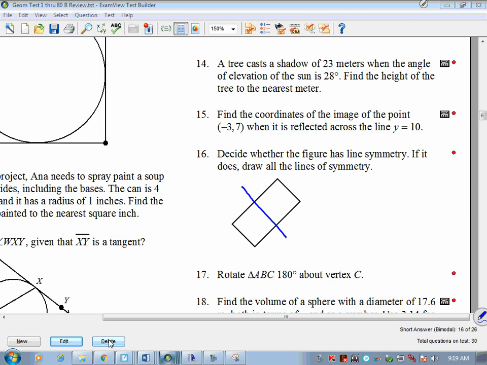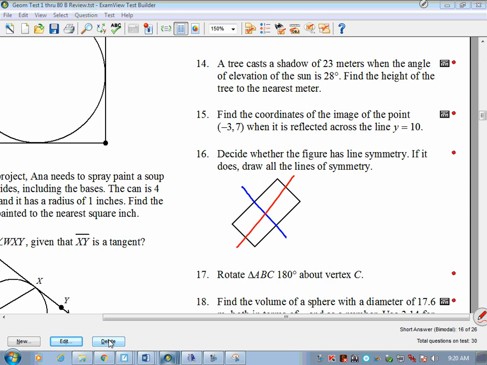Very good. All right. Is that the only line of symmetry we can draw? Okay. Does anybody else want to come up and draw another line of symmetry? Draw that other line of symmetry. Perfect.